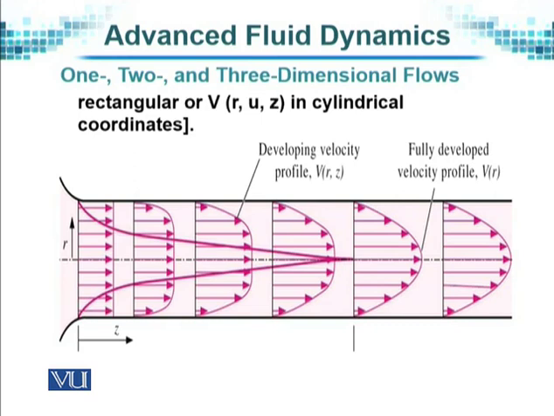You can see as the flow is moving into the pipe, in the beginning it's uniform, then viscosity takes its effect. We shall be talking about viscosity a little later. Close to the boundary, the fluid sticks to the solid boundary, and therefore its speed there is 0.